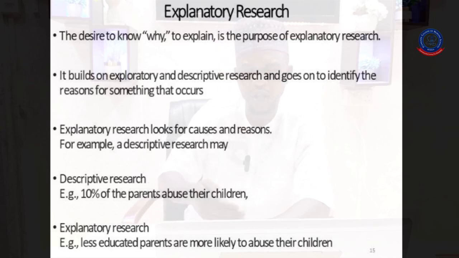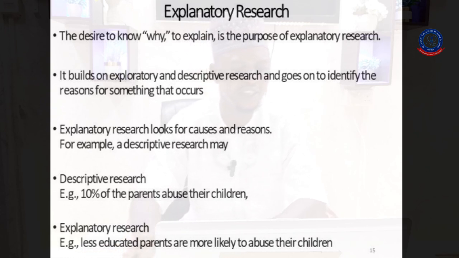It tries to build on exploratory and descriptive research, exploring new ways on how things have been described, and goes on to identify the reason for something that occurs. So it's always trying to bring a solution to why. So explanatory research looks for causes and reasons.